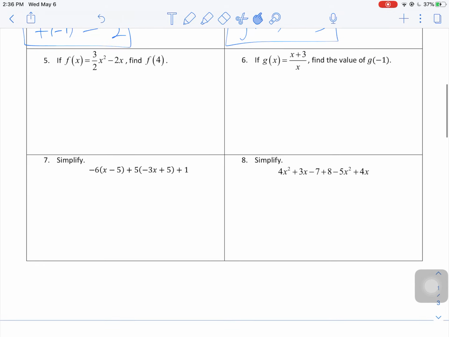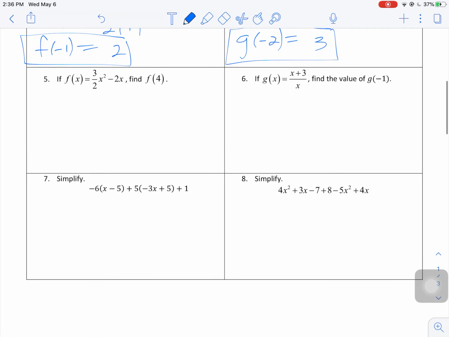Number 5, if f of x equals 3/2 x squared minus 2x, find f of 4. So take 4, plug it in for x, and then follow order of operations. So you have to do 4 squared first before you do 3/2 times 4.